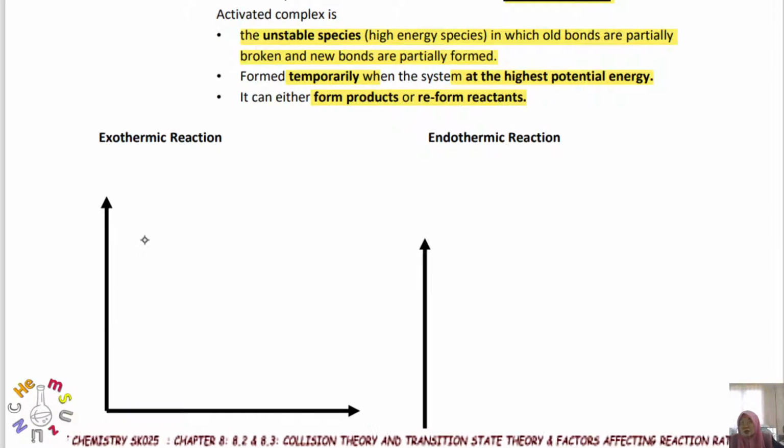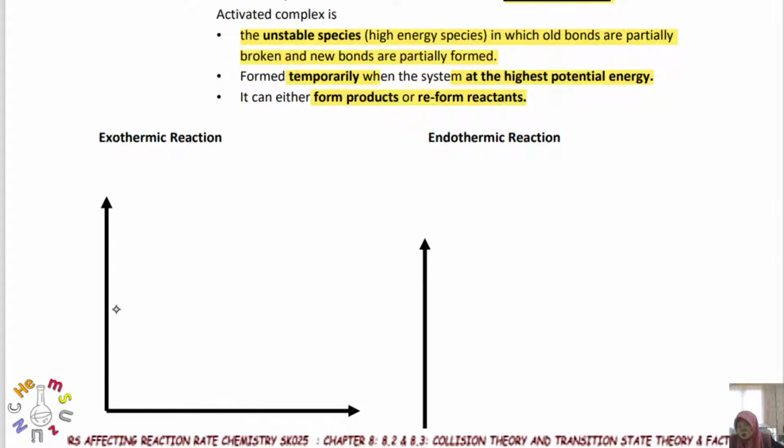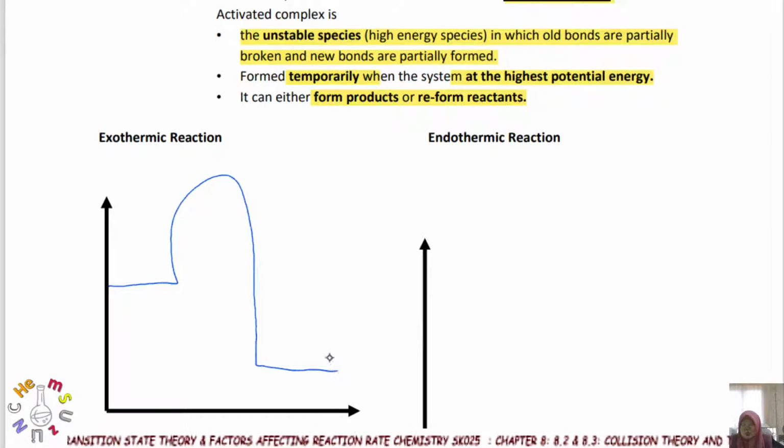Okay, kalau kita tengok exothermic, yang kita dah tengok last week, exothermic it is a negative, so mean that enthalpy of reactant is higher than enthalpy of product.